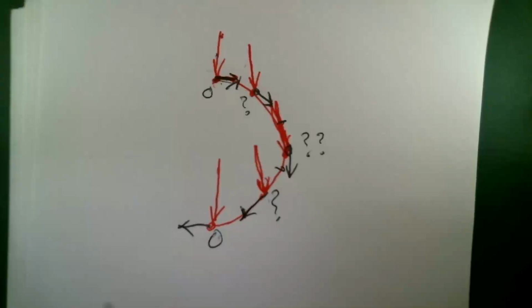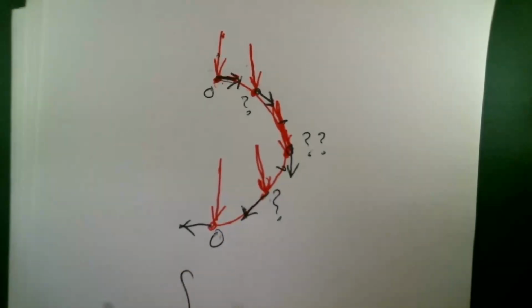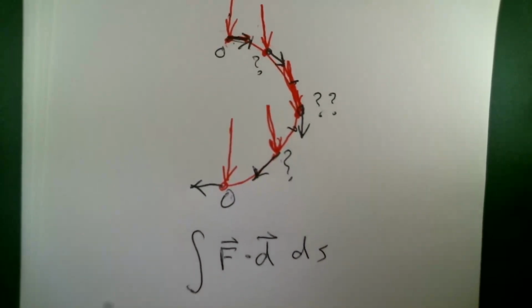Well, that's going to be total work, right? We're seeing an integral in some sense of a force dotted with a displacement. It turns out this is with respect to arc length. That's how we're going to do that.